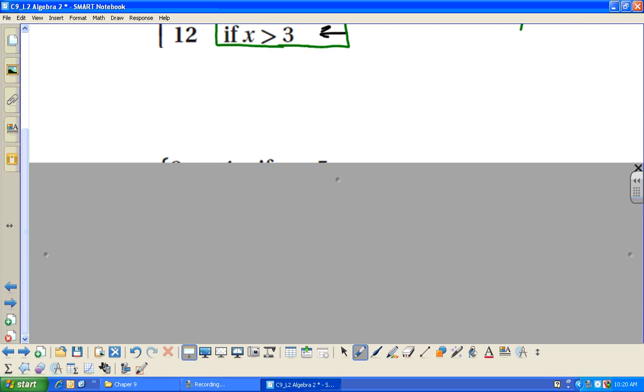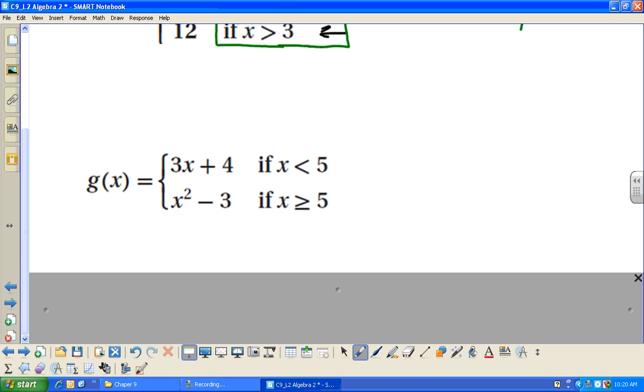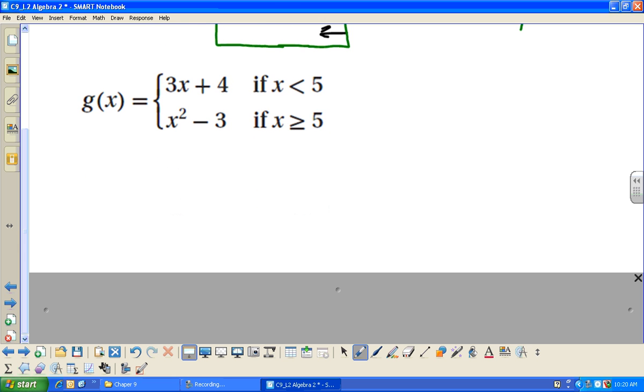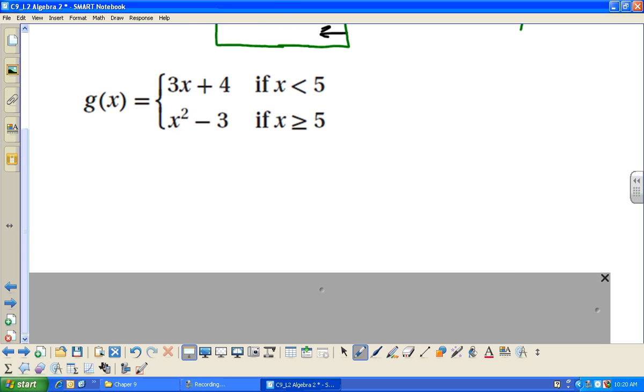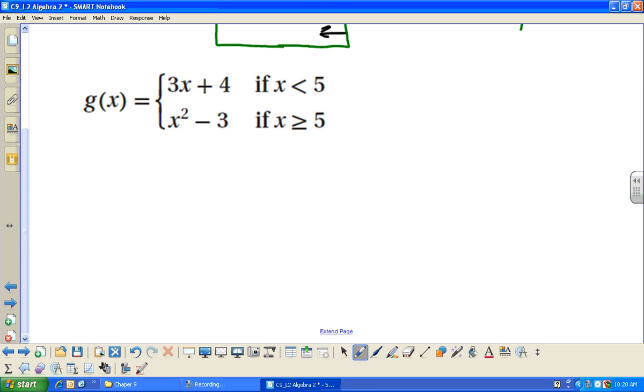Now I'd like you to try the second one by yourself, if you can. So I'm still looking at x is -2 and x is 5. So for the first one, x is less than 5.